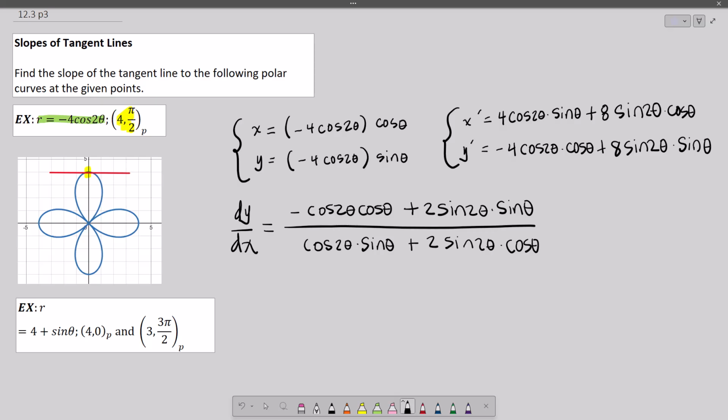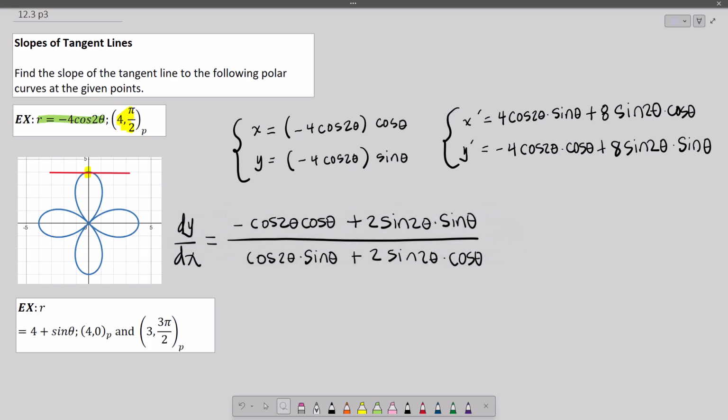And this said, let's find the slope of the tangent line at pi over 2. So I'm just going to move this a skosh to the left. If we want to evaluate this dy dx at theta equals pi over 2, we notate it this way.